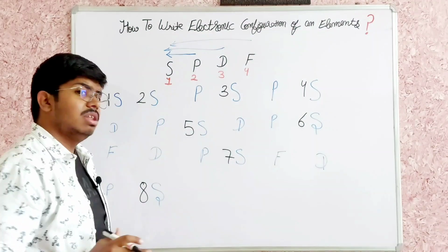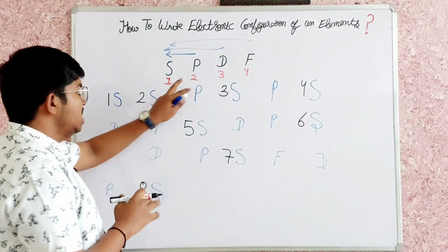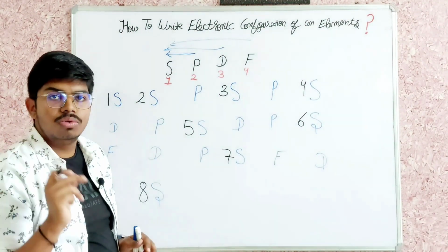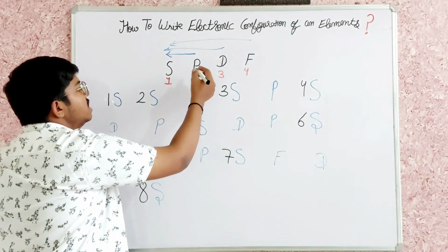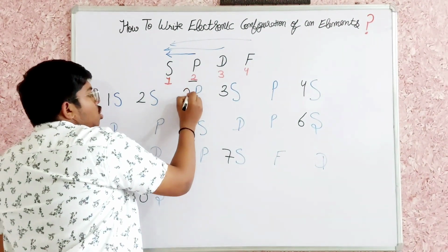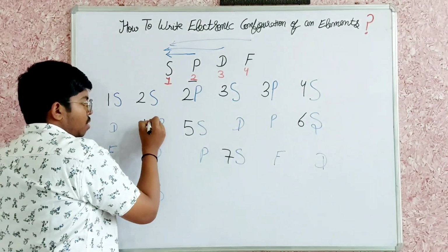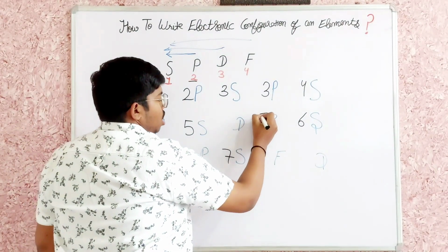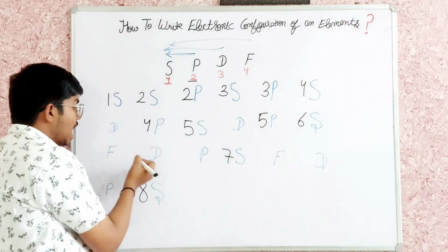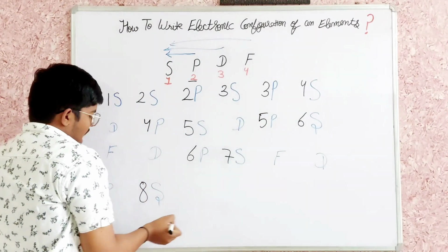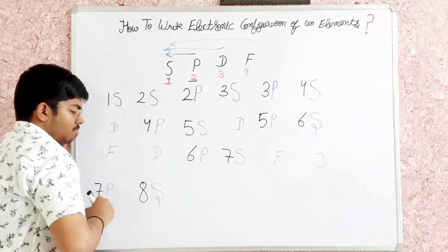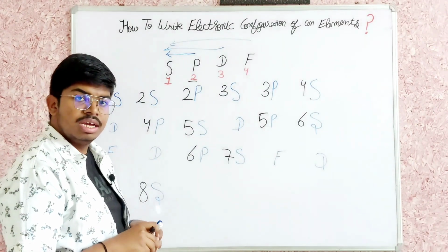Now let's come to the p orbital. P is at the second place, so we start from 2: 2p, 3p, 4p, 5p, 6p and 7p.